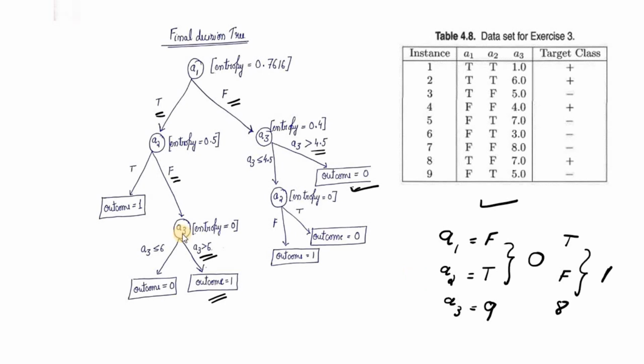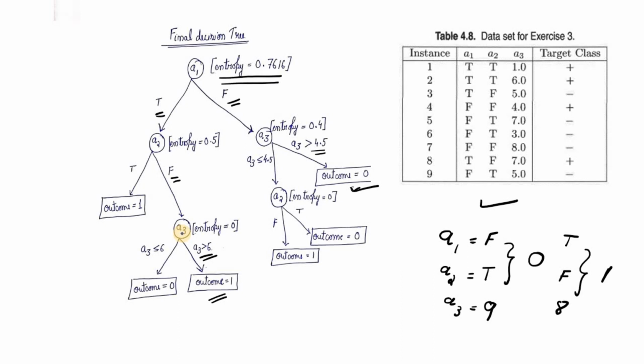So we make an important observation from the final decision tree obtained. The entropy of each parent node at each successive step keeps decreasing. For instance, A1 is a parent node to A2 and A3, and the entropy was 0.76.